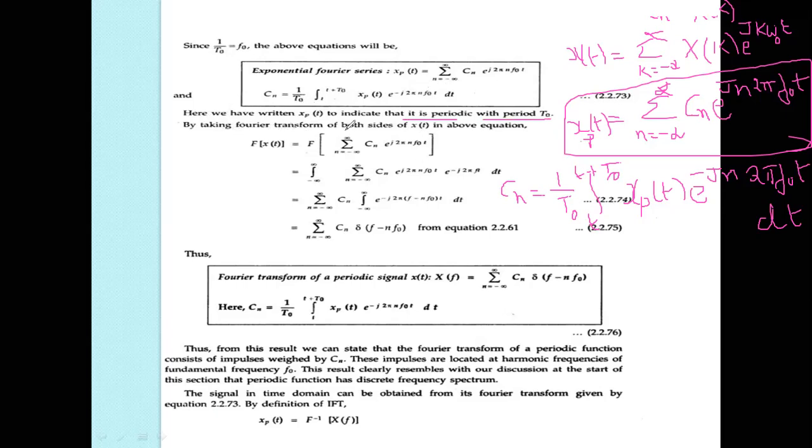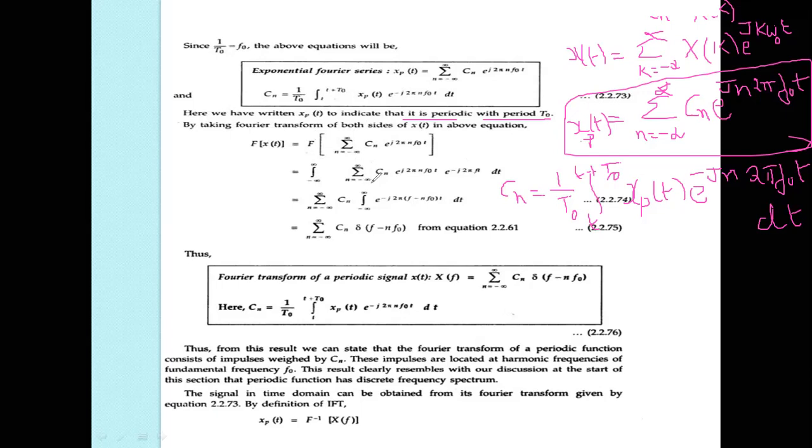By taking the Fourier transformation on both sides of x of t in the above equation, the Fourier transformation of the sum is the integral from minus infinity to infinity of the total signal.